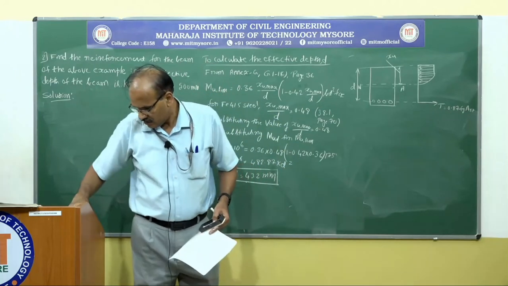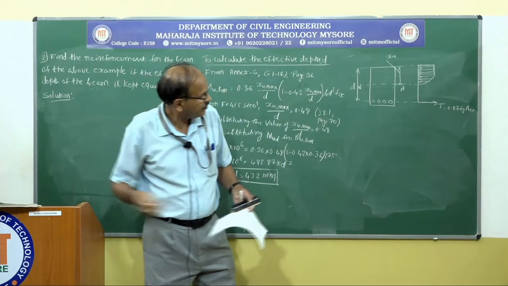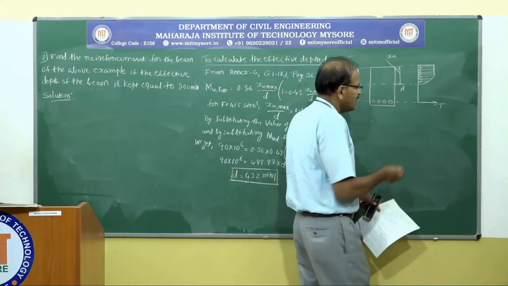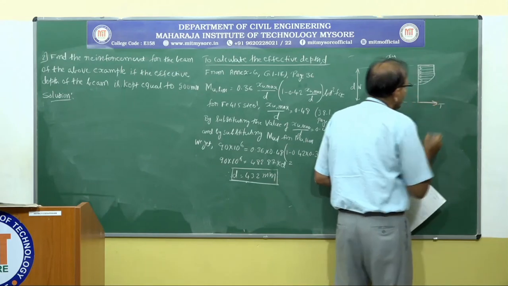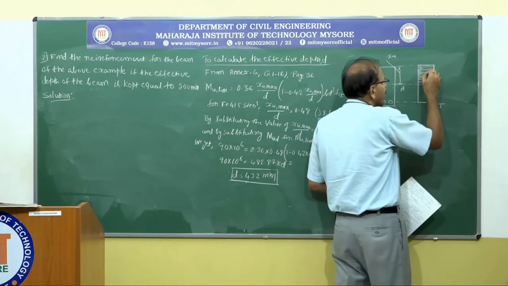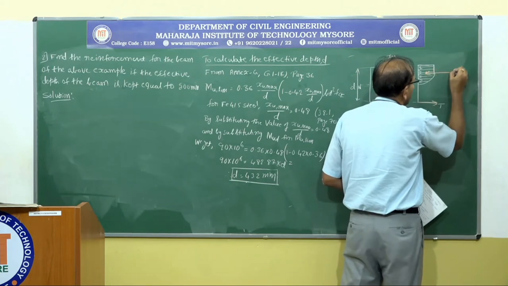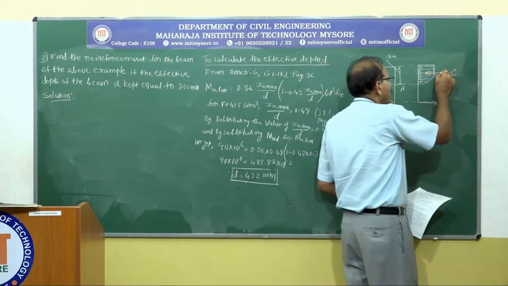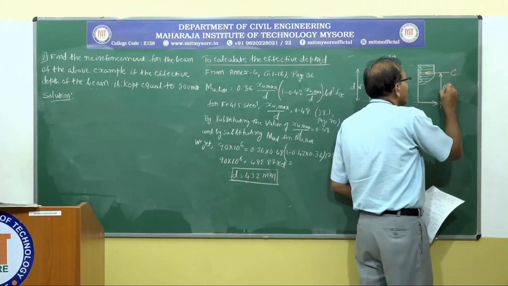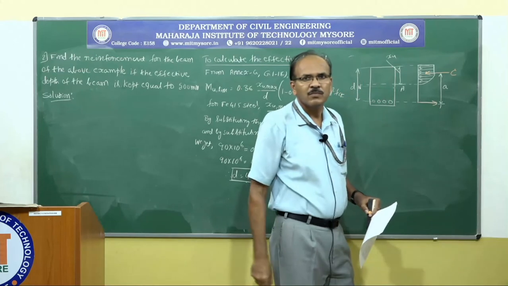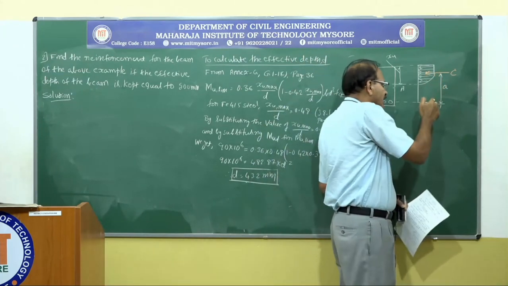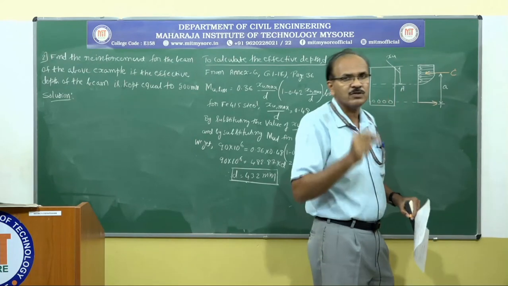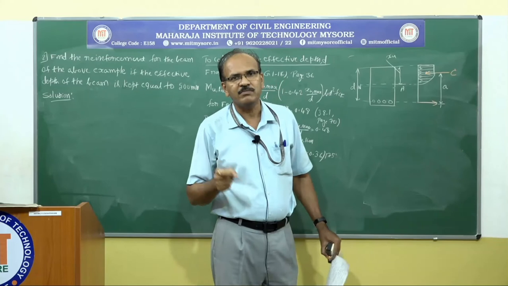I am not going to write this value, I am going to keep this as T. So, the centroid of this area is going to be the centroid of the compressive force, and this is the lever arm A, and this force and this force are equal. Compression force equal to tensile force to maintain force equilibrium.